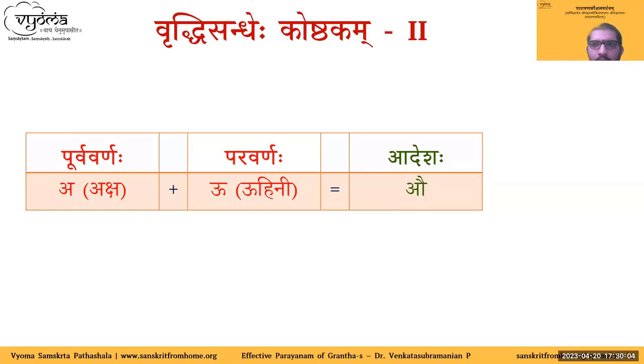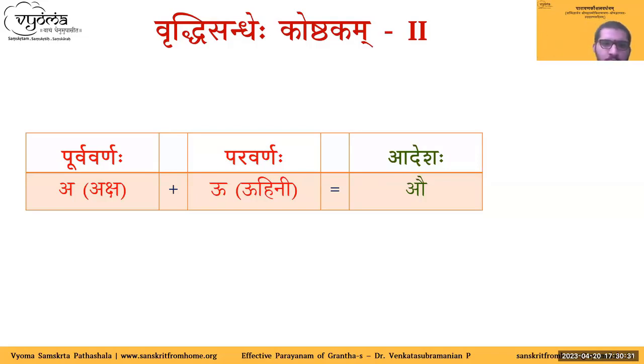That is the akara of the aksha shabda, the last letter of aksha shabda. And in paravarna, ukara should be there. That ukara should be the starting letter of the word uhini. So basically we should have aksha on the left hand side, uhini on the right hand side.